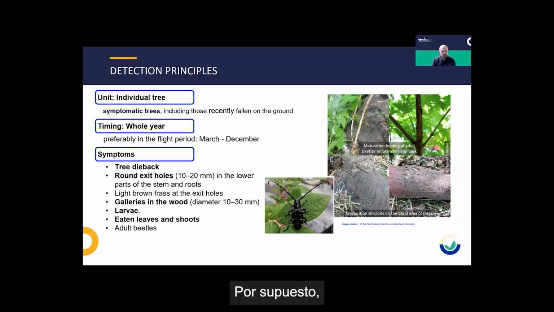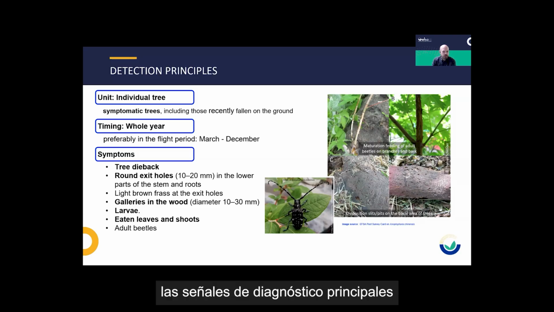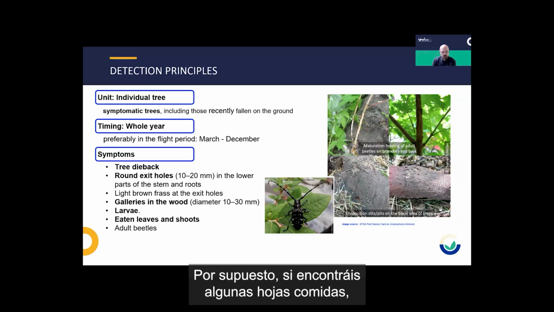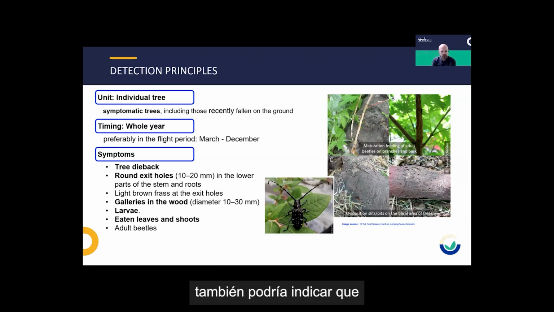Of course, the diagnostic signs are the individual insects themselves, so looking for larvae, adult beetles, and this kind of thing. And if you find eaten leaves and shoots, this could also indicate that there is a species there.